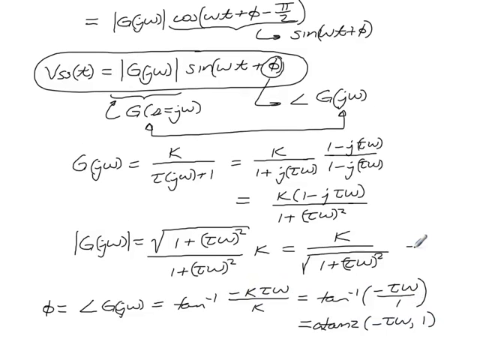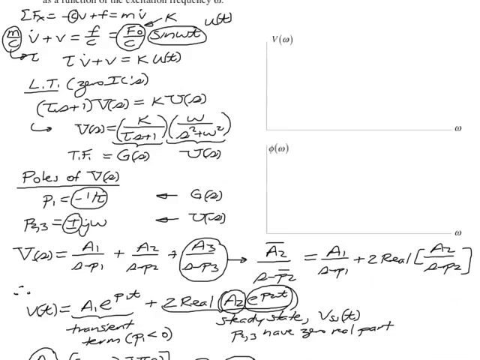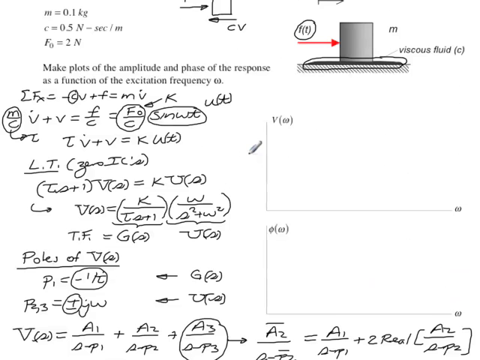So our last step here is to plot the magnitude and the phase as a function of ω. If we go back to our plots, you will find that the amplitude starts out at K. It drops off like this. Whenever you draw it, be sure that you draw a zero slope here at the top.